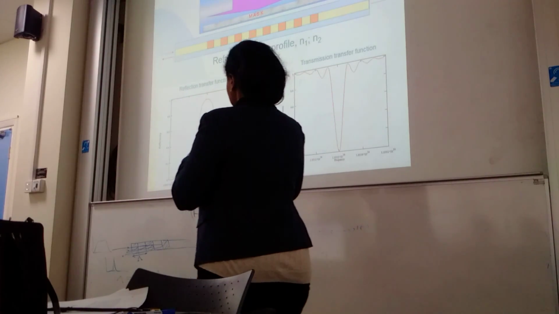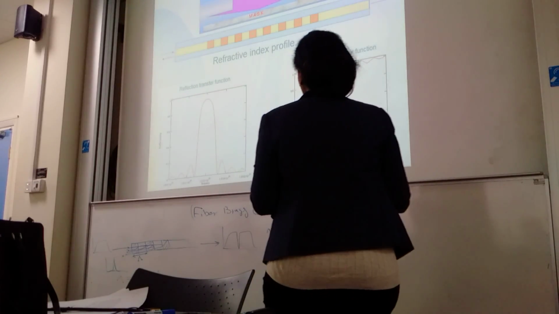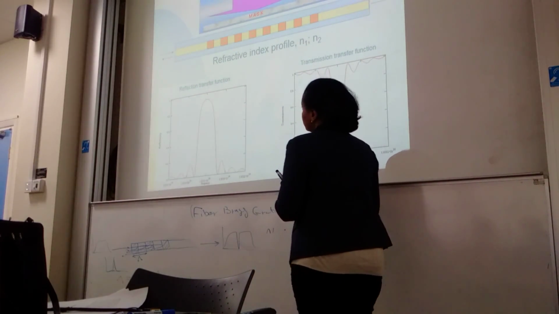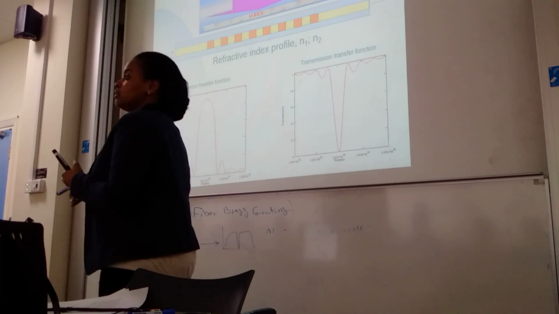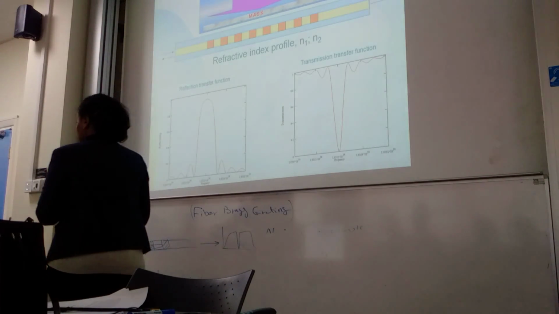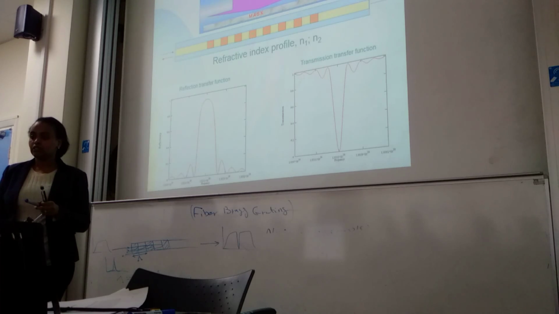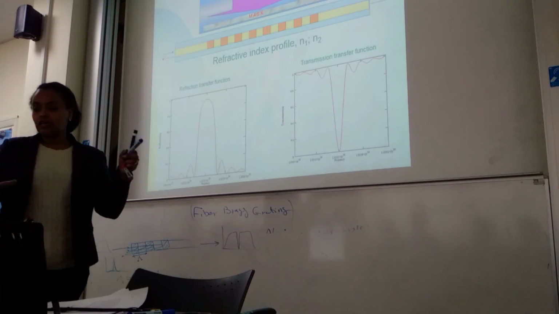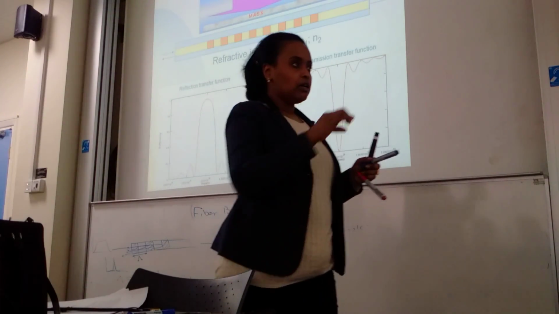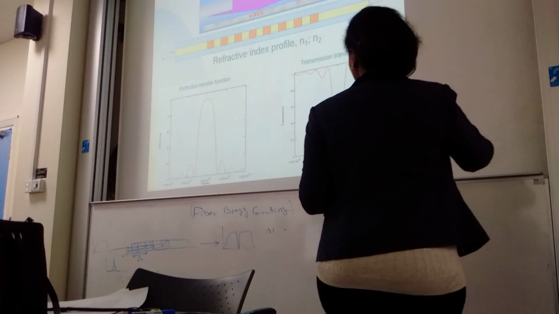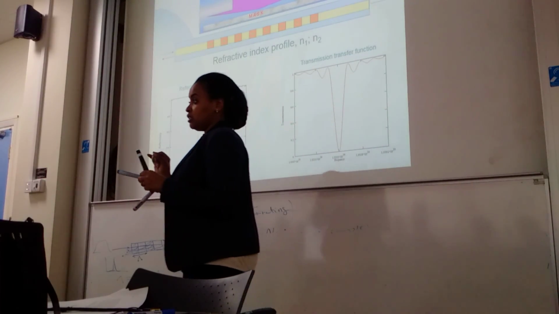Now, how do we create such a thing? We make use of the photosensitivity of the fiber: the refractive index of the fiber will change when it's exposed to an ultraviolet field. A fiber with a core doped with germanium has a very high photosensitivity.